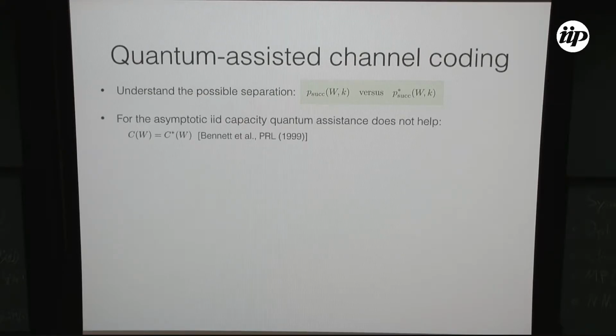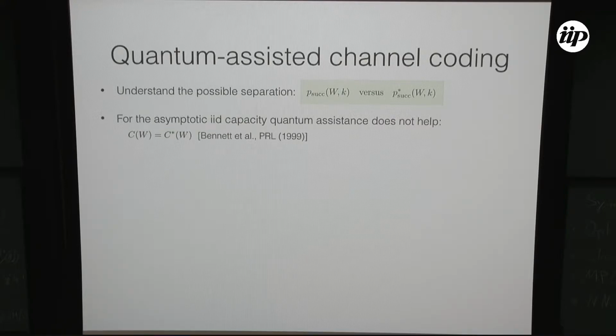Good. The first thing to notice is that it's known that in the asymptotic IID setting, where we have many repetitions of the channel, at least in first order, the capacity, the asymptotic rate at which we can send bits over the channel perfectly, is not improved.